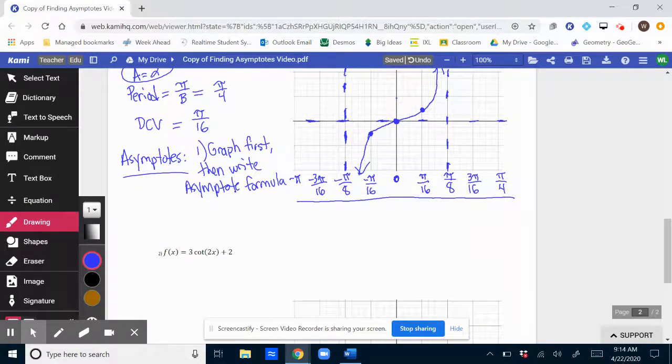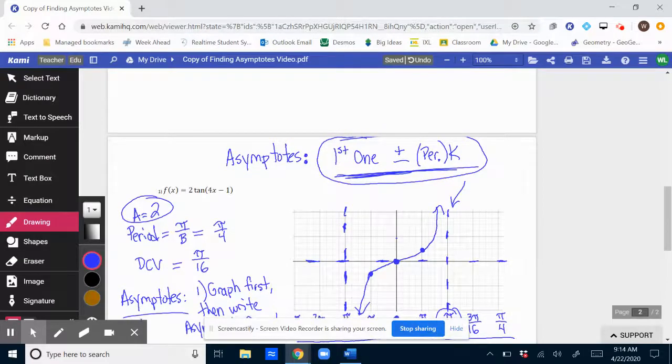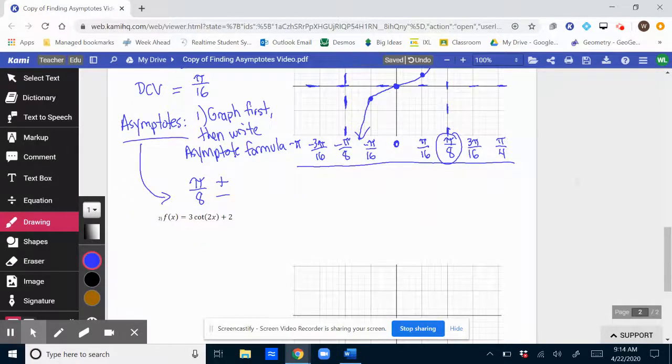Okay, so now the formula for the asymptotes. This is what you would write on your quiz or test. The first one, meaning the first positive one, is here at pi over 8, plus or minus the period times k. The period we said is pi over 4 times k.